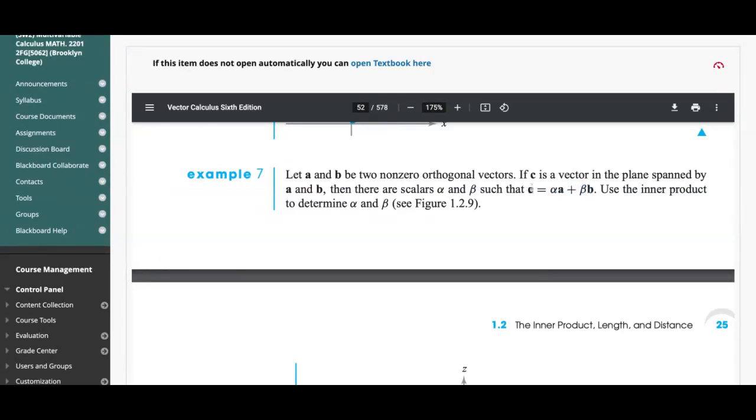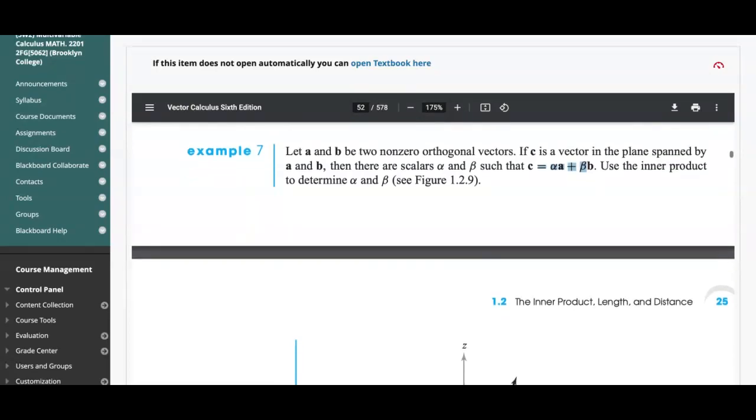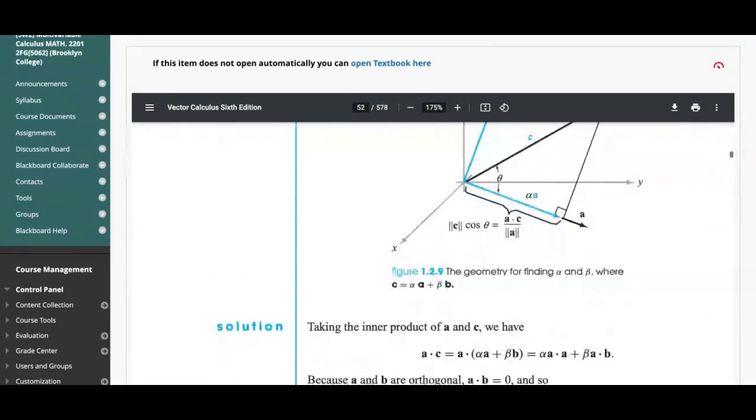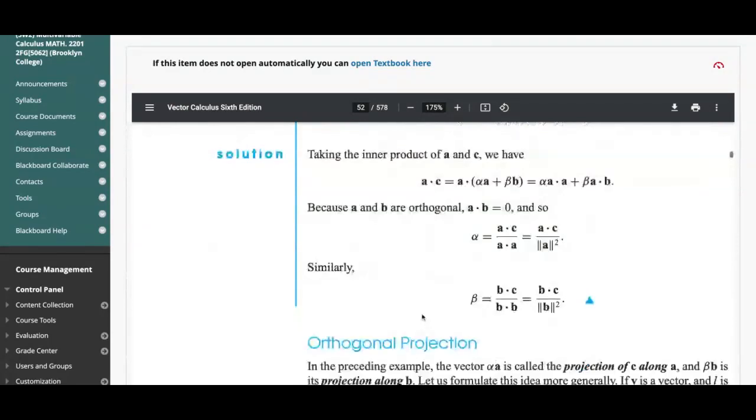In this case, the vector C can be written in terms of vector A and vector B, with some scalars alpha and beta. A plus B is a special case, where alpha and beta are 1. So this is a little proof; you may go over it.